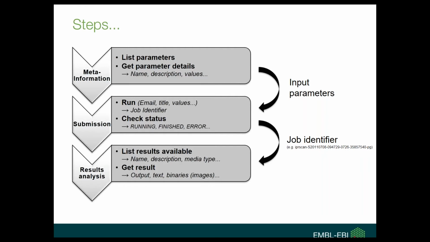So you'll have to use your email, maybe do some values or program details, and you'll get back a job identifier. You use that to check the status of the job, whether it's running, for example, or whether it's now finished, and then you get back the results. And you can list the results that are available, or you can specifically say, I want to get a particular result type back.